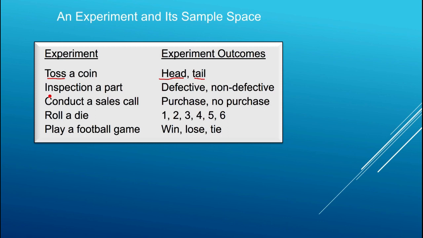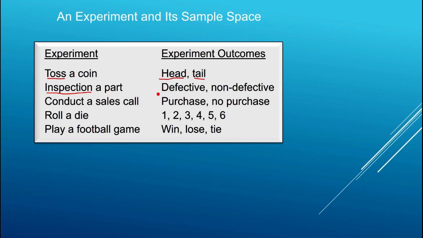The idea of an experiment can also be extended to situations that are important in business. For example, you can imagine working for a quality control department within a company, and you're inspecting parts. So you might take a random sample of parts. Sometimes inspecting parts at a company involves actually destroying the part.